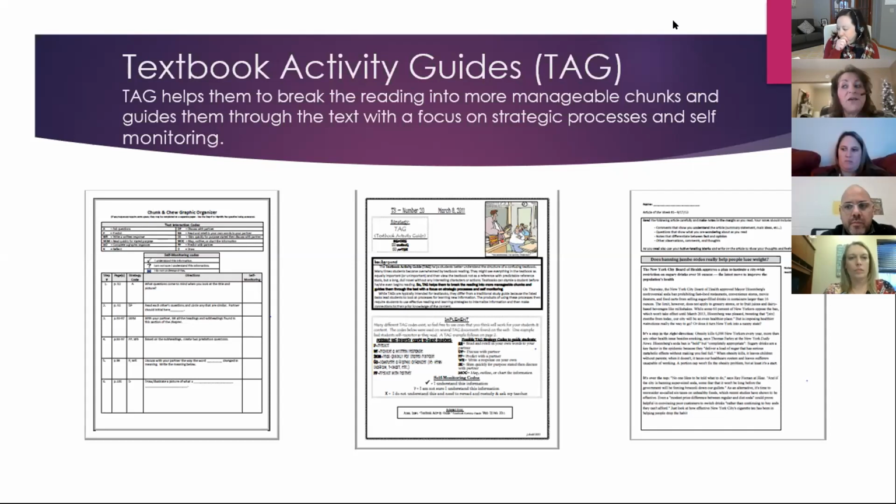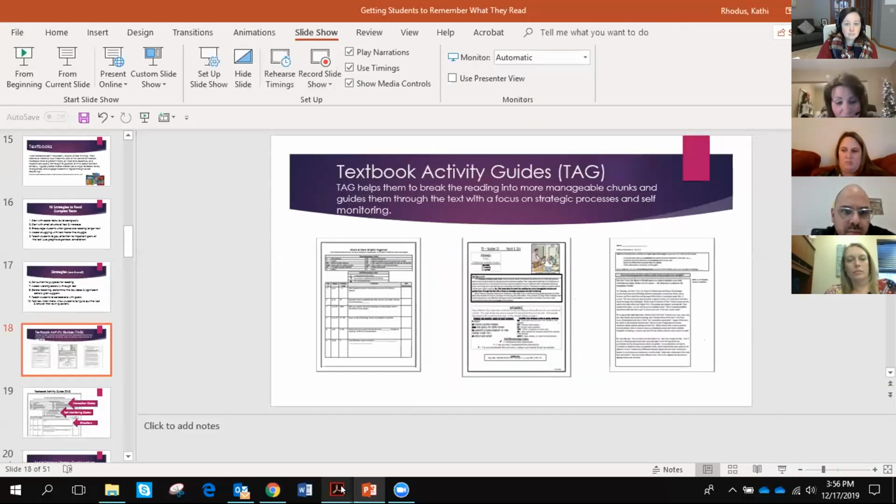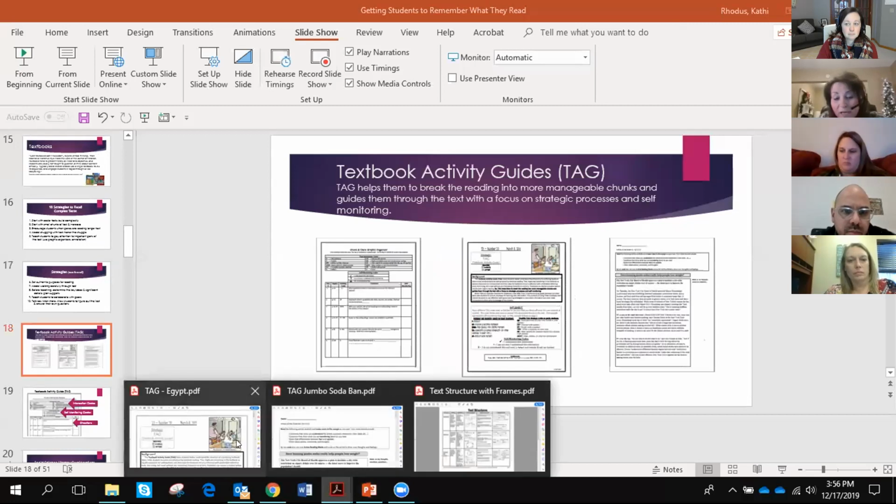And the original author, Janet Allen, who's a reading guru, came up with the name for these. And since then, I've discovered a number of different teachers and schools that use textbook activity guides. I'm just going to show you one, and you will get all of these in the Google Drive.